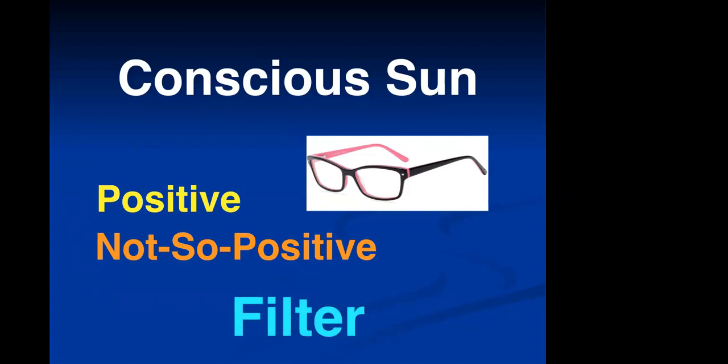So it's not possible for me to take this filter away as not being an influence. So understanding when you're looking at your life experience, whether it be positive or not so positive, how is my conscious sun coming into play? How is that influencing my perception of what it is that I'm seeing, what it is that's going on?